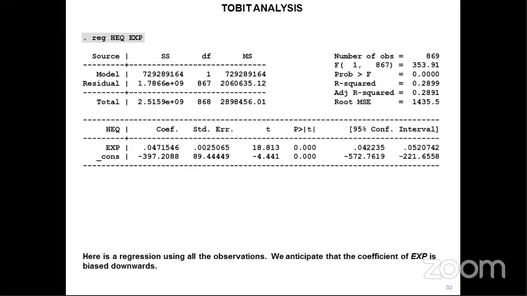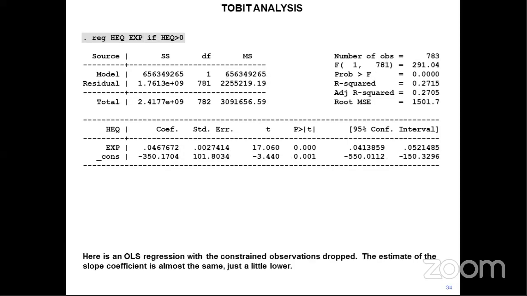It is expected to be downward biased, because we have noted that 86% of households did not at all spend on purchasing household equipment. Hence we are expecting a downward bias in our OLS estimator.